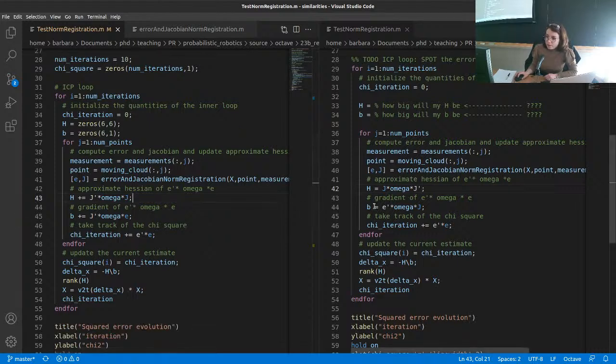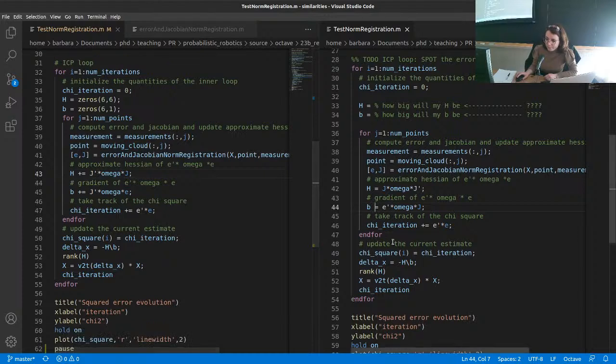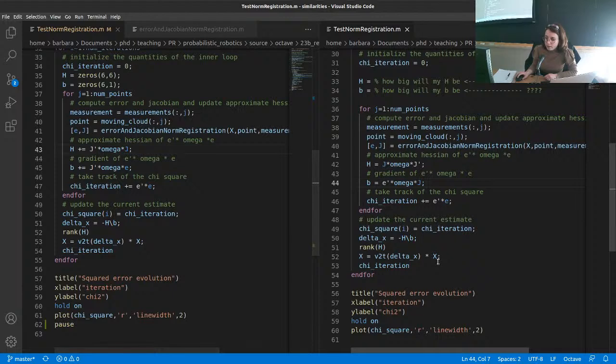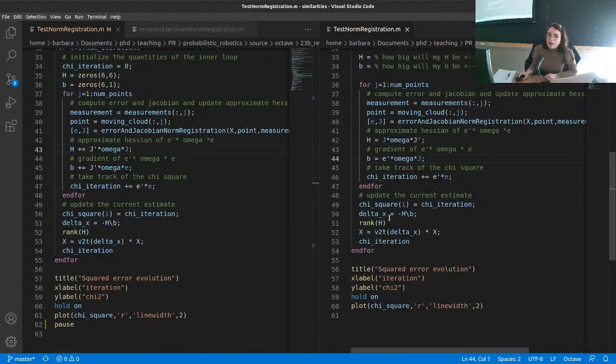As far as the computation of the B vector is concerned, again, we have the plus missing and we have E transpose omega J in place of J transpose omega E. Then everything else is correct. Please, as usual, check that we are using the box plus instead of the regular plus.